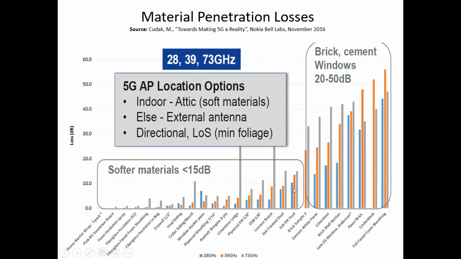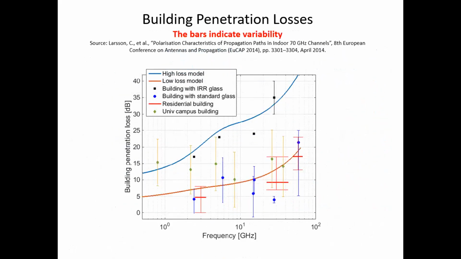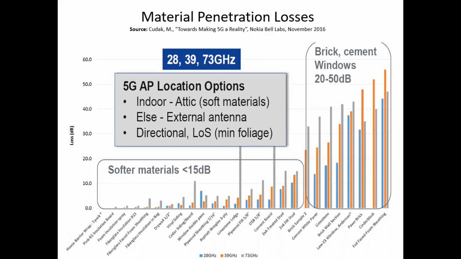So anyway, as we were stating before, typically you have higher losses as you increase the frequency, but depending on the material, there can be some differences or some exceptions. Okay, questions. So with that, I'm going to complete the discussion on penetration loss.